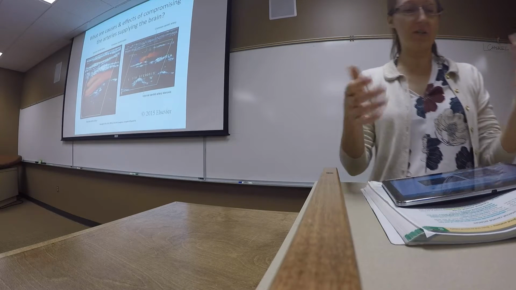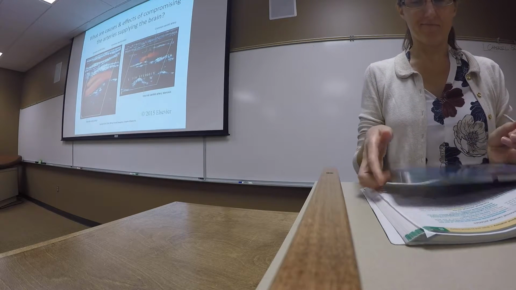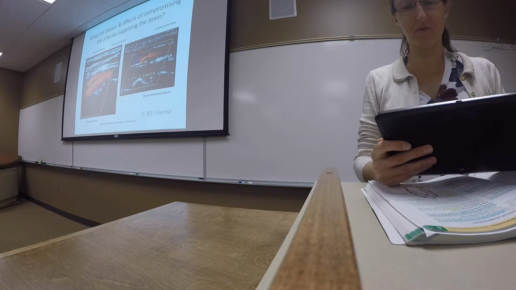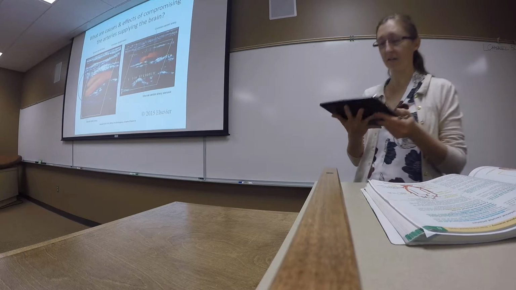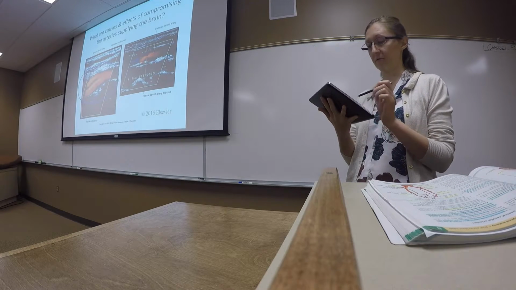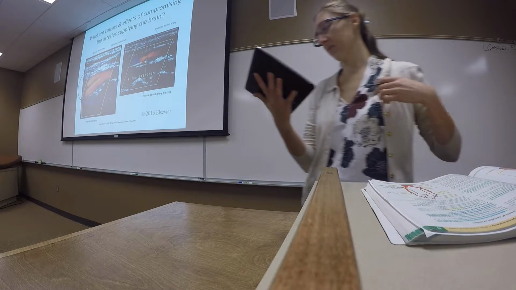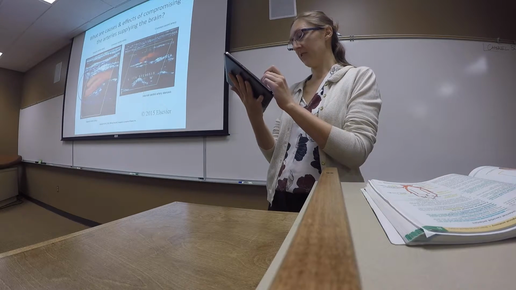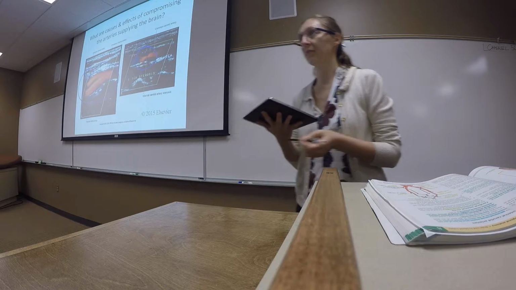So this is just an image illustrating what would be normal in the branches, that carotid sinus where the external, internal carotid arteries branch off of the common carotid, and then just an image of a stenosed artery.